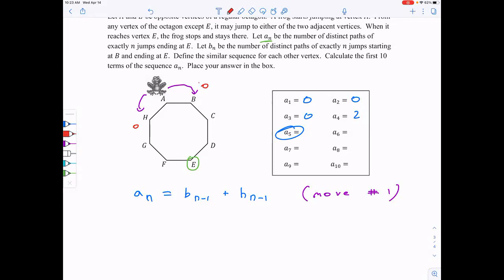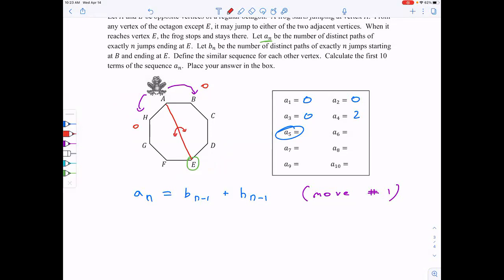From B, you could go 1, 2, 3, 4, 5. Or from H, you could go 1, 2, 3, 4, 5. And those patterns are symmetric. They're symmetric across a line of symmetry. Let's just draw that in from E to A, right? Things are symmetric over that line.